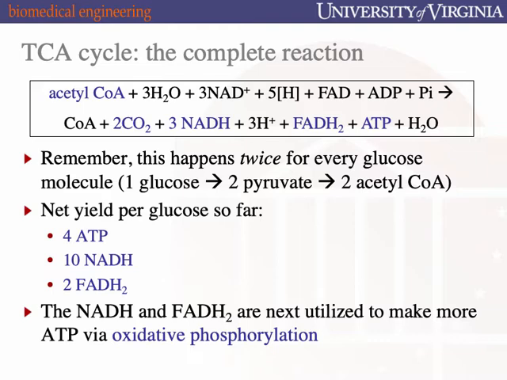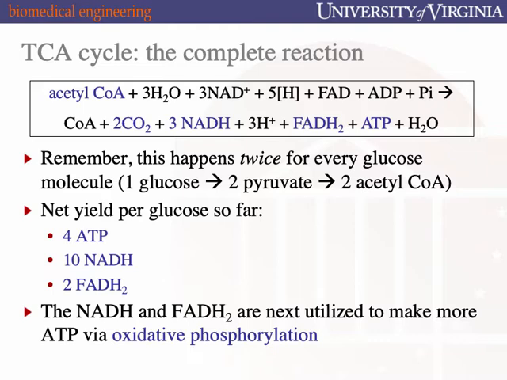Finally, for each one of the pyruvate molecules, or the acetyl-CoAs formally, that go into the TCA cycle, we get 1 reducing equivalent of FADH2. There are 2 of those per glucose molecule, and now we're at 2 FADH2s. All the numbers here, if you're looking from raw ATP generation, still are unremarkable because we have these mysterious reducing equivalents that have not been converted in any meaningful way into ATP.